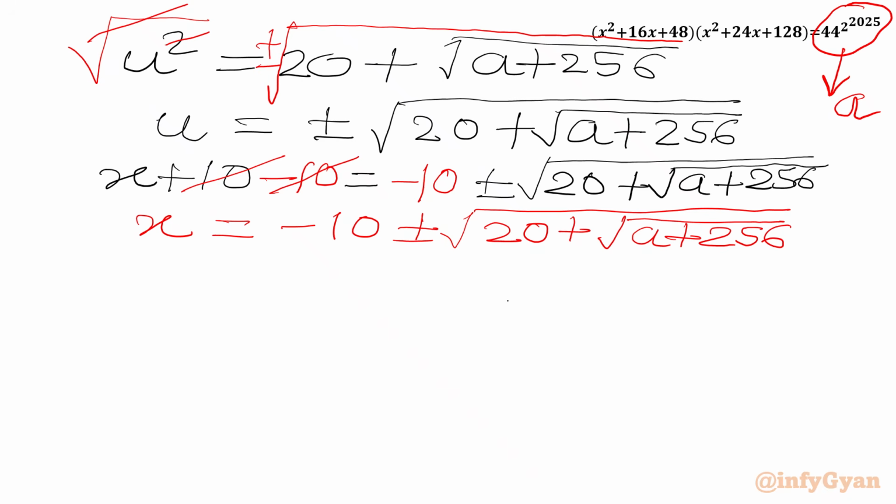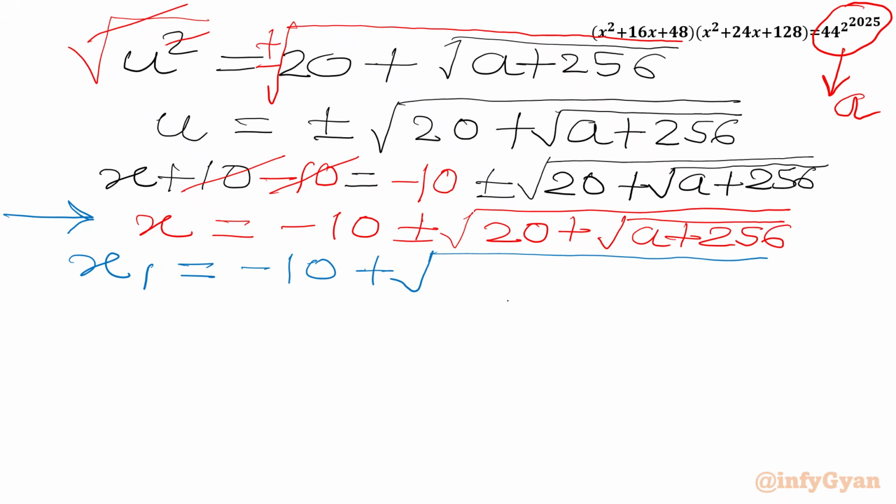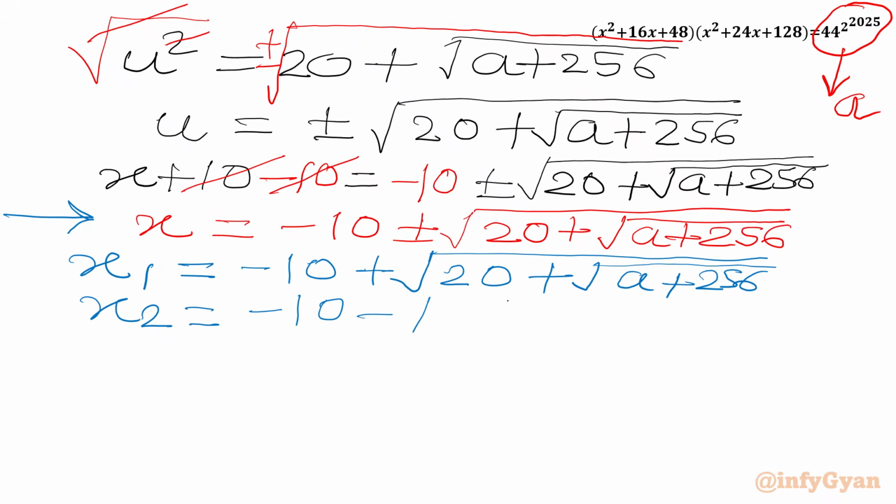Now we have two real values of x from our solution. Let me write x1 equal to minus 10 plus the square root of 20 plus the square root of a plus 256, and x2 equal to minus 10 minus the square root of 20 plus the square root of a plus 256.